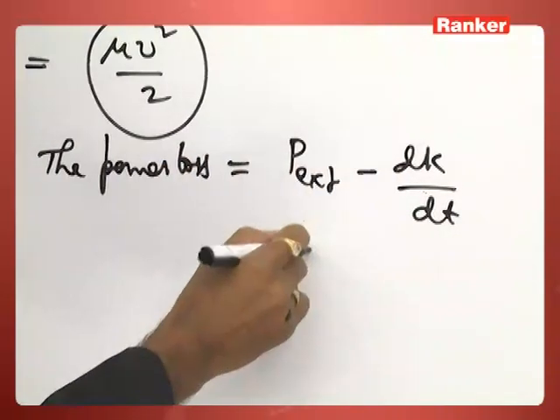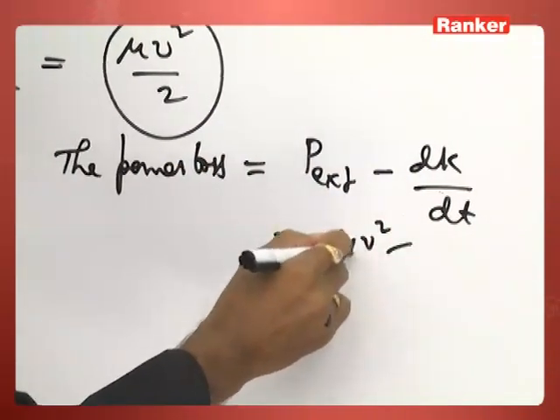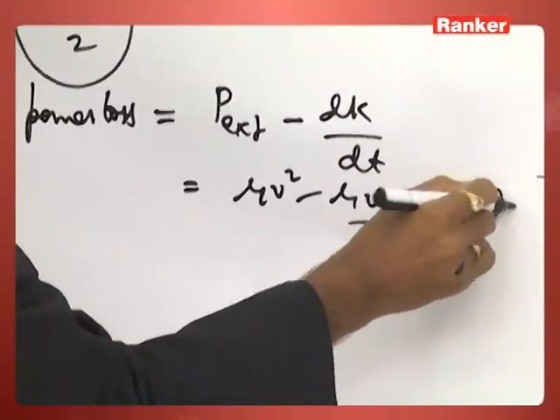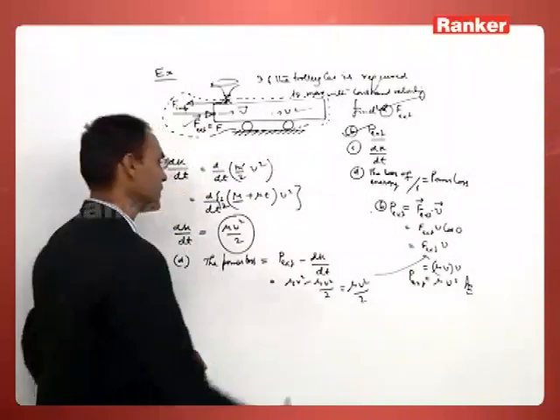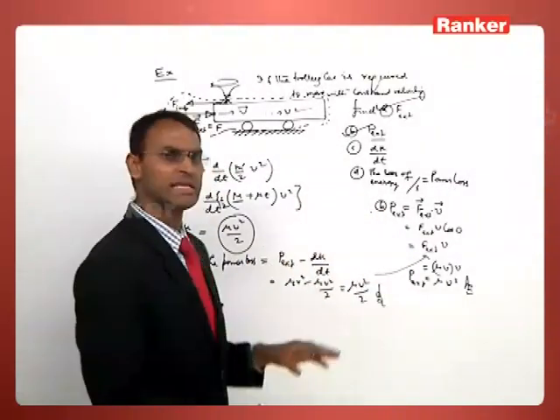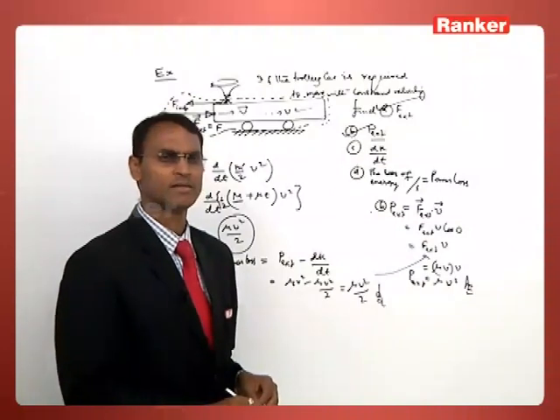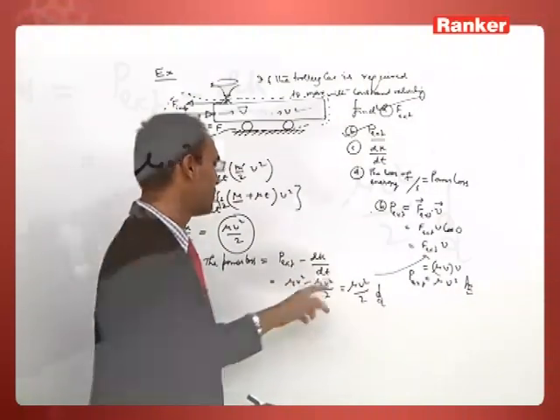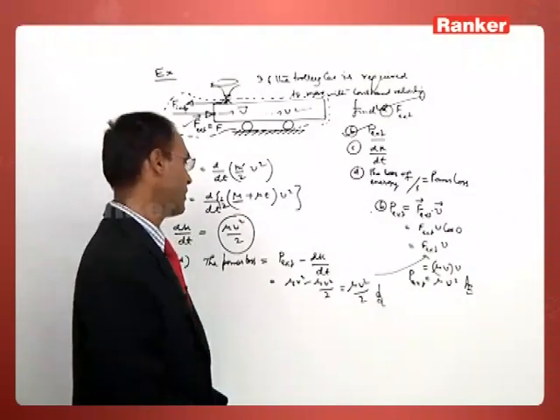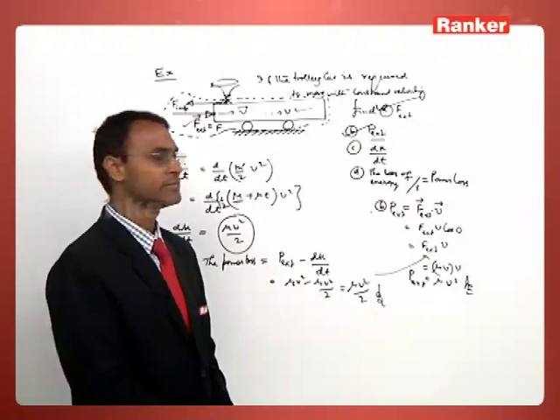So this gives us mu v square minus mu v square by 2, that's mu v square by 2. 50% of the input energy is dissipated or lost in the form of heat, sound, etc. That's very interesting.